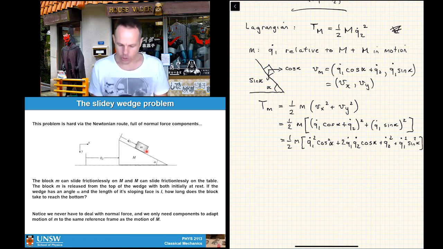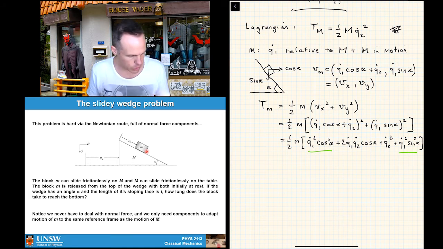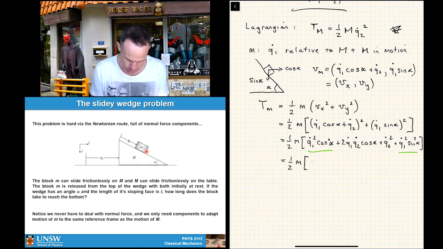Okay, and you'll notice straight up here, this term and this term at the back are going to give us a sine squared plus cos squared equals 1 term. So this is going to end up being a half m, q1 dot squared.